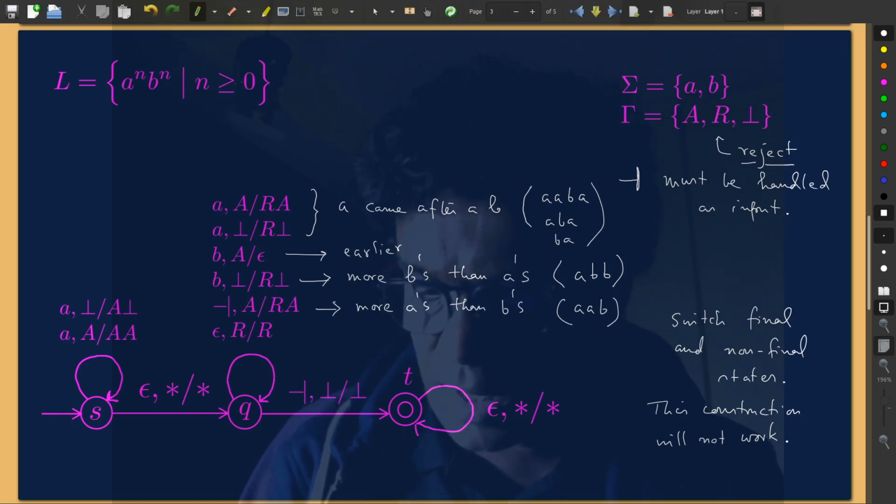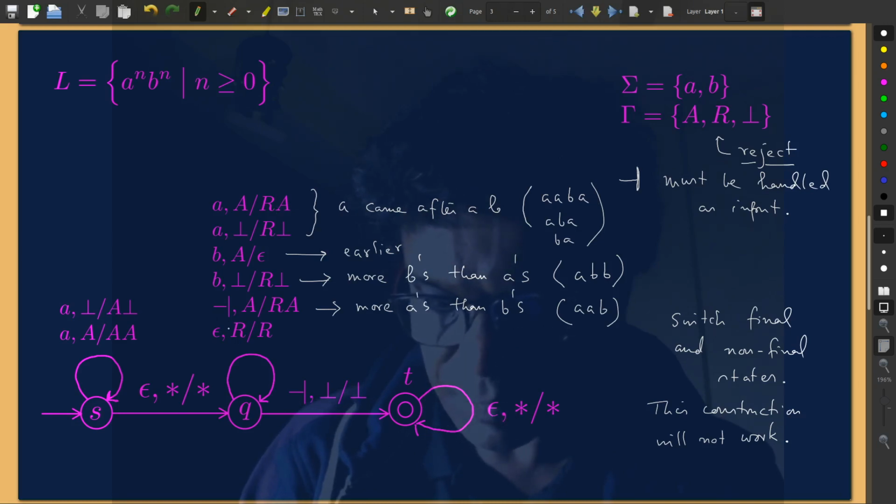After seeing an invalid syntax, a string not of the form A star B star, it will simply loop on this without ever being able to read this. So only this transition applies whenever R is on the top of the stack. Okay. But then these strings must be accepted because they are not in the language. Invalid strings should also be accepted.